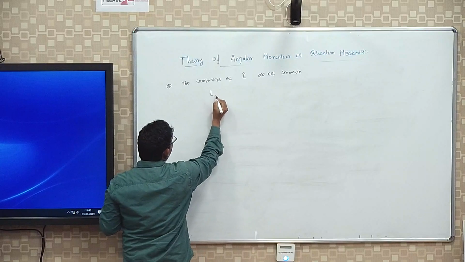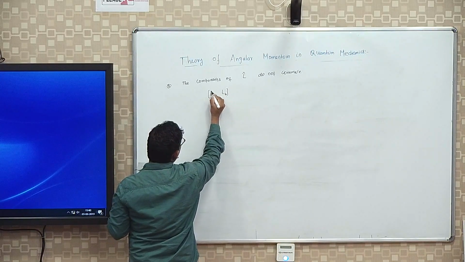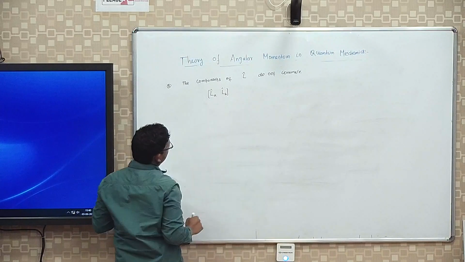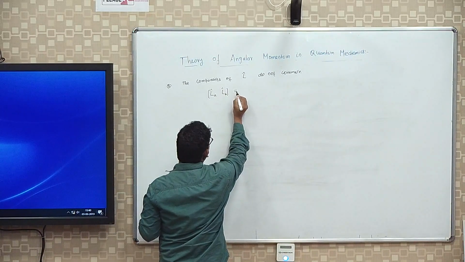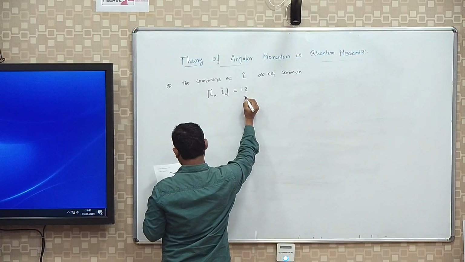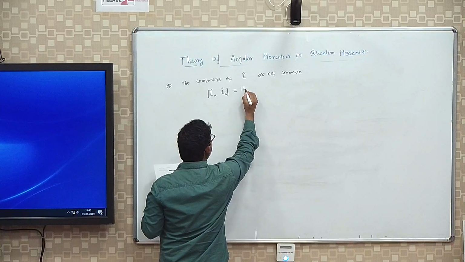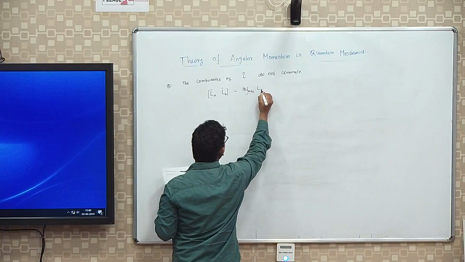That means LA, LB, if you take the angular momentum in the A component and the B component, the final result is i h cross epsilon ABC LC.